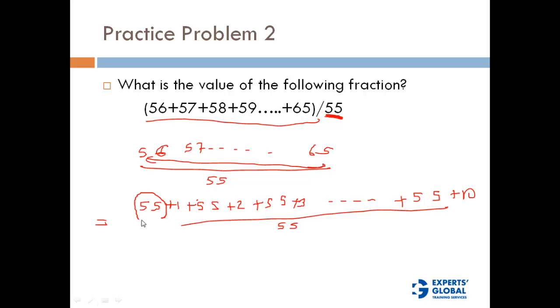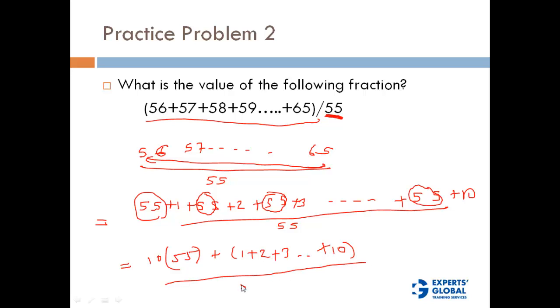We club all these 55s together. How many 55s are we going to have? We are going to have 10 55s, so 10 times 55 plus 1 plus 2 plus 3 and so on till 10, the whole divided by 55.